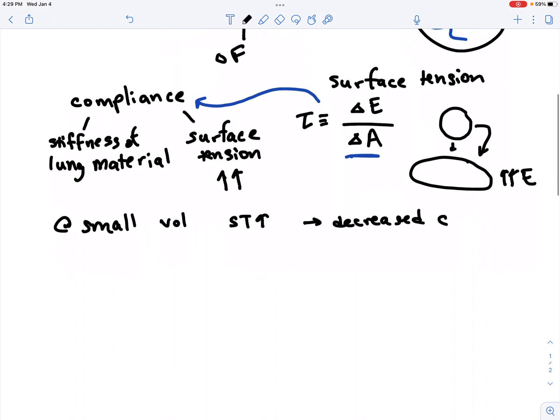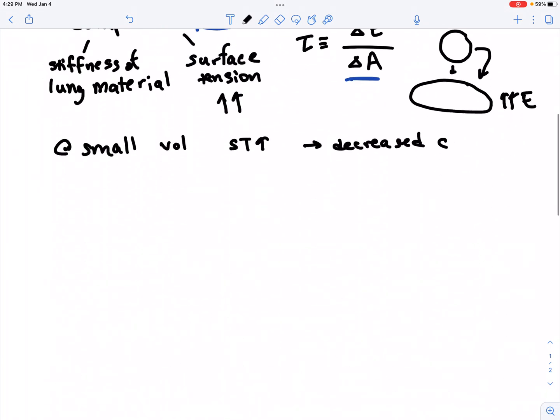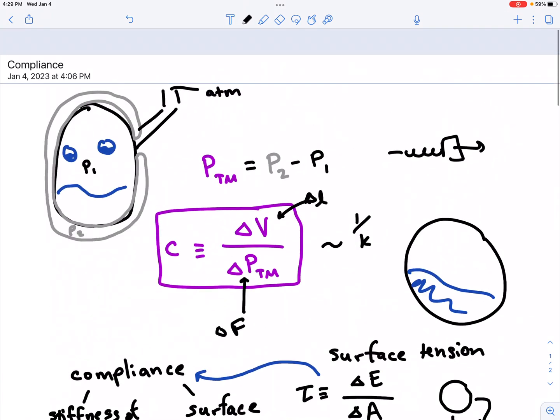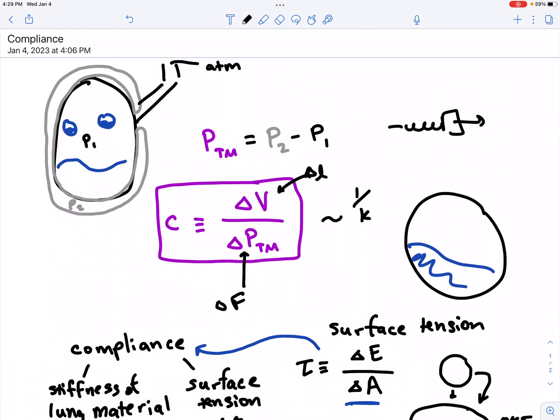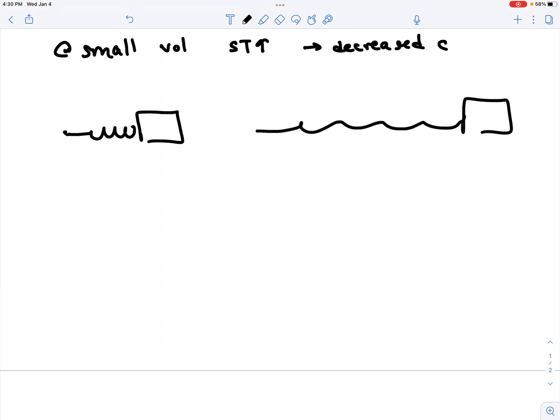Okay. The other thing to keep in mind is that lung compliance is not necessarily state independent. So what that means is that if you get to a certain lung volume, so imagine you stretch out your lung and then you pull it back to an intermediate volume, versus you just pull it to an intermediate volume without stretching it out much higher than that, right? So imagine you take your lung, which let's imagine as a spring now, and you take it from here all the way out to here, and then you let it come back to some intermediate lung volume here.